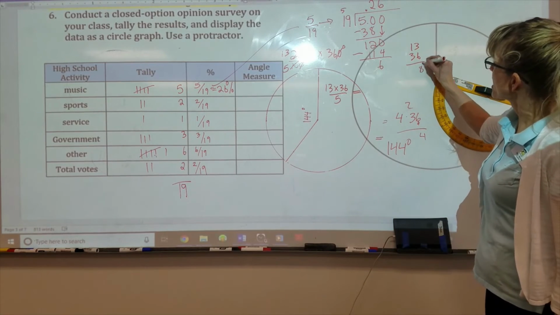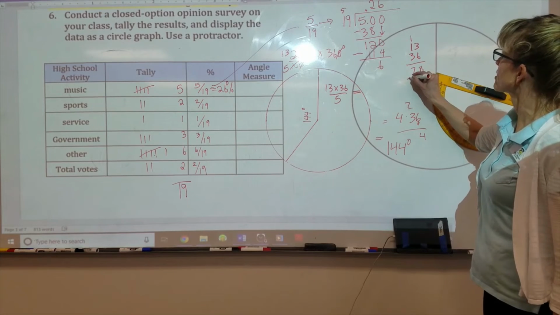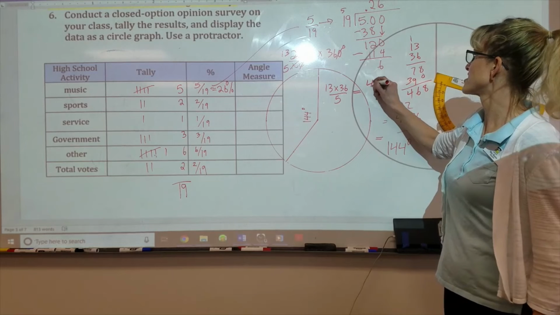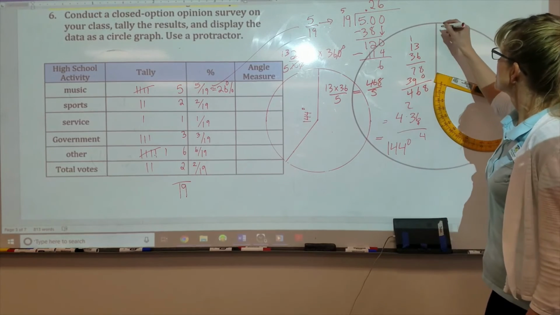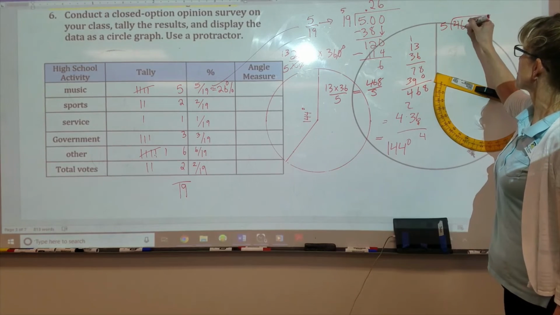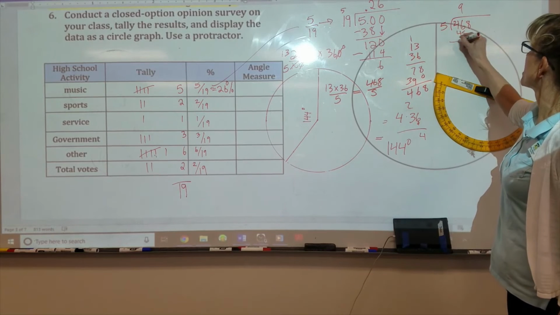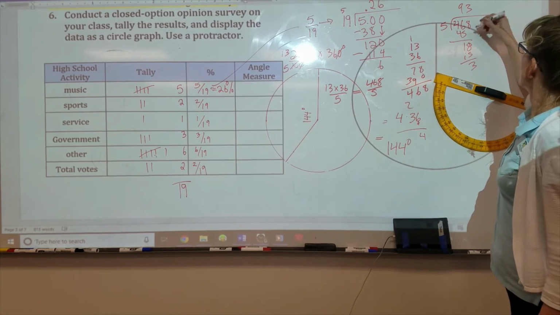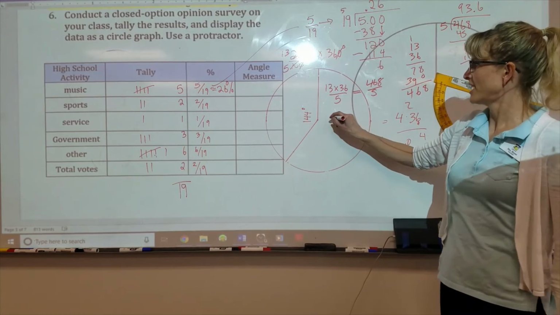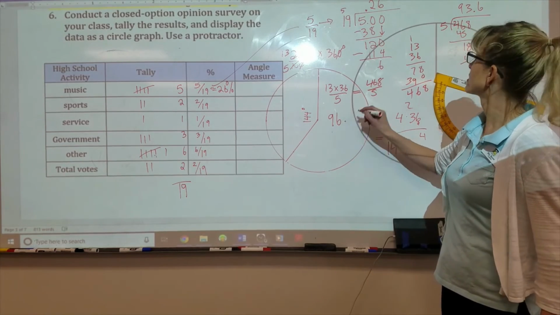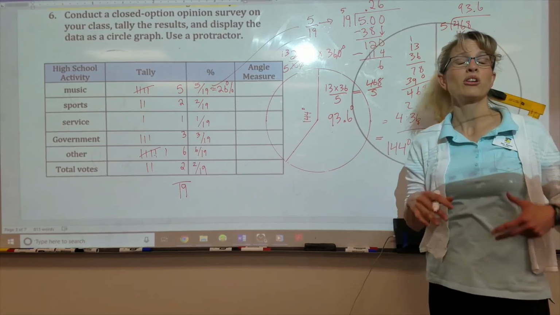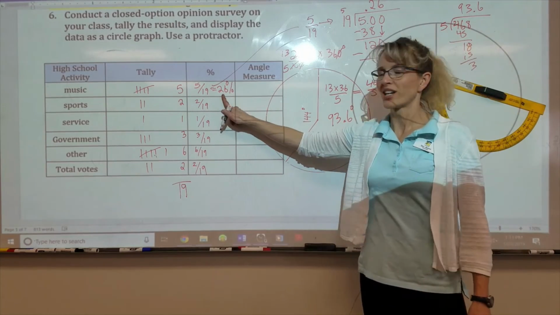Let's multiply that out. 18, 7, 0, 9, 3, 8, 6, 4. So 468 divided by 5. 5 into 468. 9, 45, 1, 18, 3, 15, 3. 93.6 degrees. That would be our angle measure for 26%.